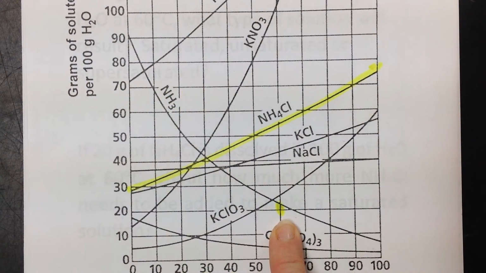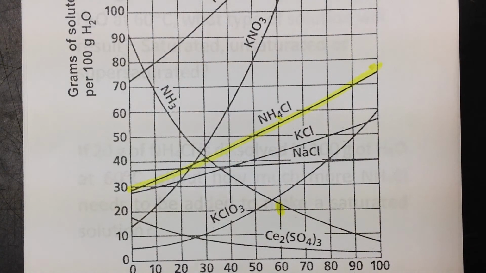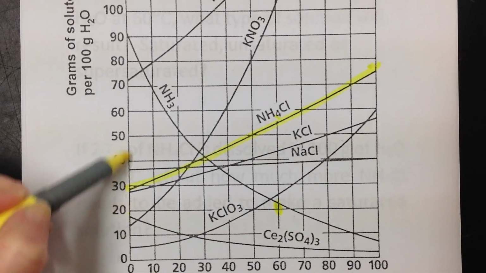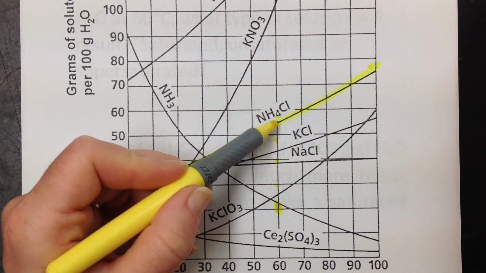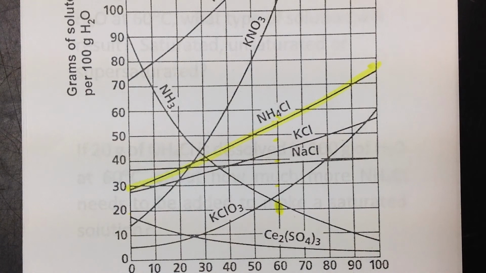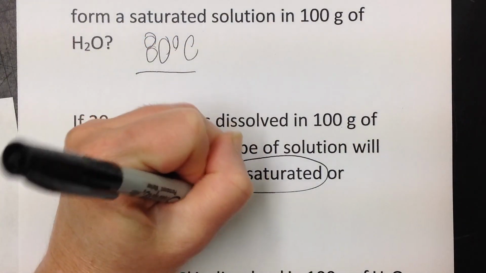Now what you can see is this is well below that curve. So we have an unsaturated solution. Now we could go even further to say, since this is going by tens, we could add 10, 20, 30. We could add about 35 more grams before we reach that saturation point. So this would be an unsaturated solution because it's below the curve.